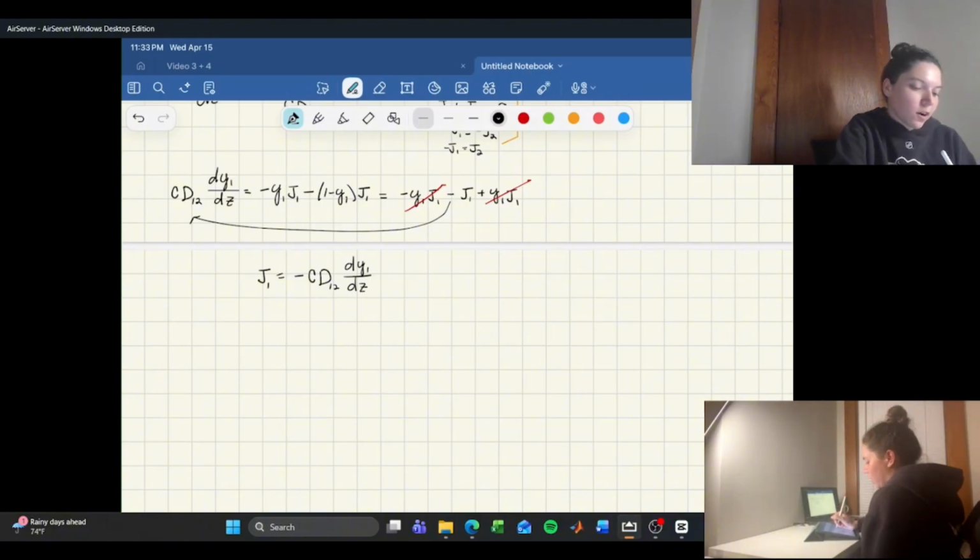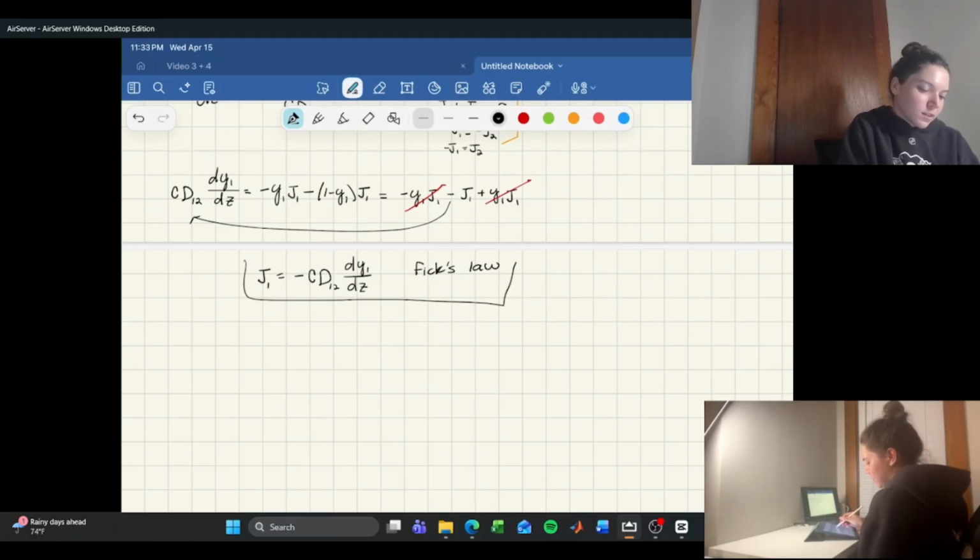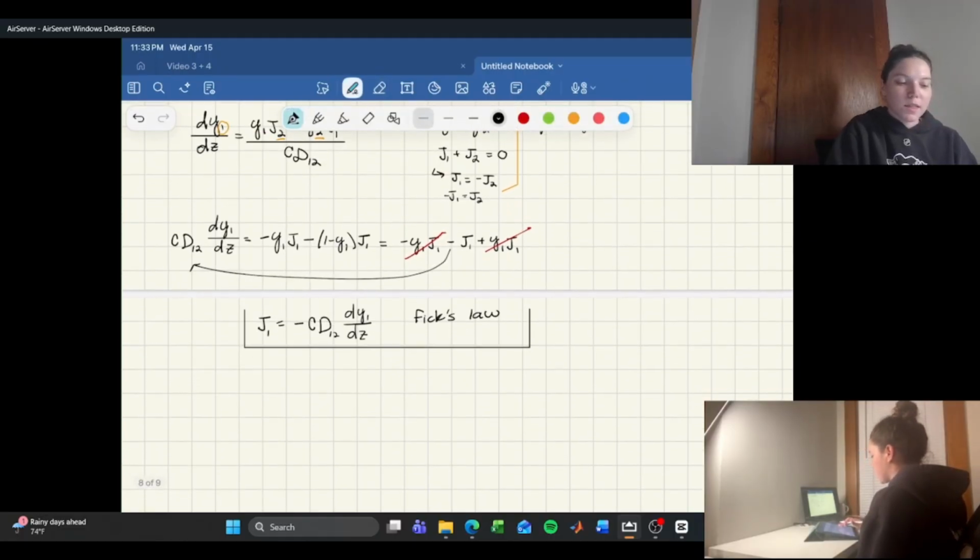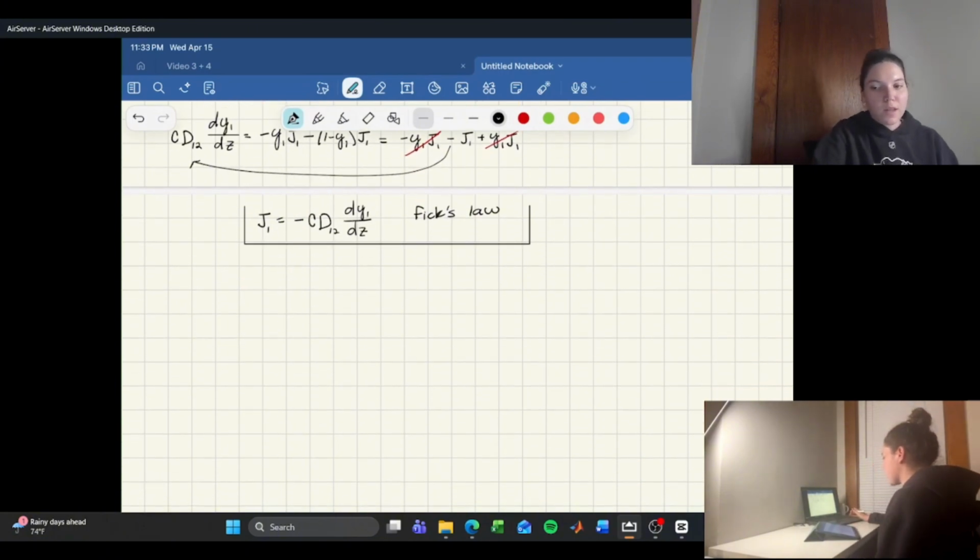And oh wow, this is Fick's law. That's crazy how we got here, but here we go. That's how we can get Fick's law from the Stefan-Maxwell equation.